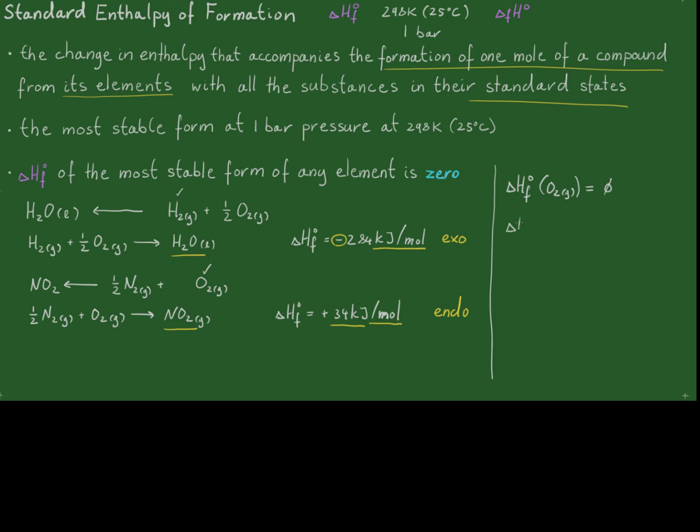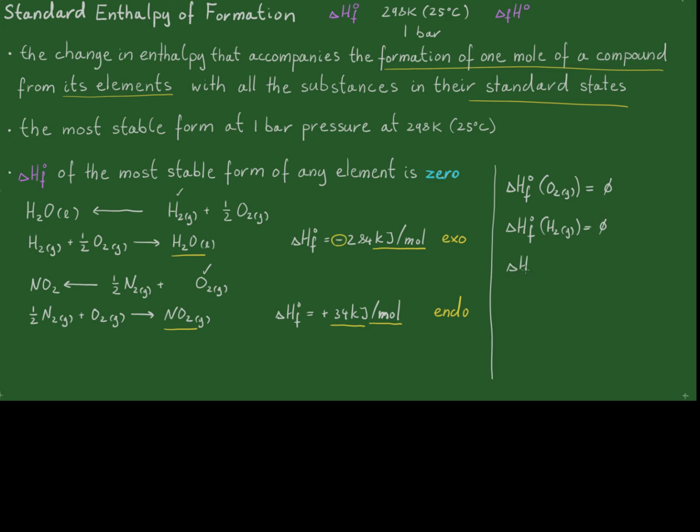The same holds true if we were to look at the standard enthalpy of formation for hydrogen gas. So that is hydrogen in its most stable form at 25 degrees Celsius and 1 bar of pressure. That too would also be 0 kilojoules.